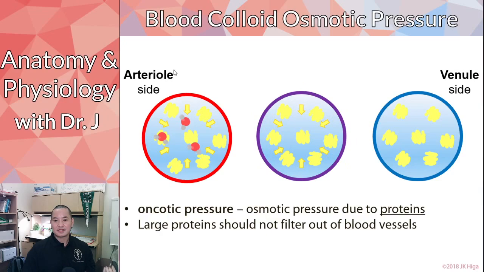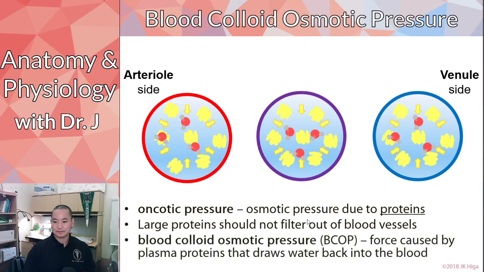This BCOP stays relatively consistent from one end to the other. Why is that? The proteins, the major factor contributing to this pressure, stay constant in concentration. Even though we do have that pressure, they're too big to be forced out. Thereby, if they stay in the same concentration, you should have the same BCOP going from arterial to venous side.